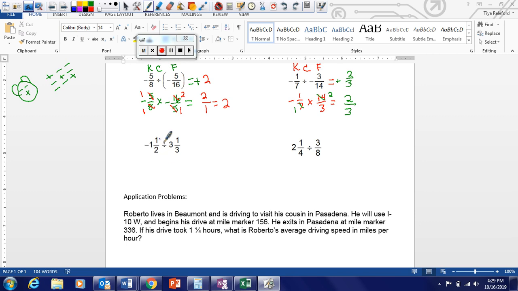Alright, so these next two have mixed numbers. So we do have to do step number 1. So step number 1 is make everything into fractions. So I have 1 and 1/2, and I need to Texas that into a fraction.